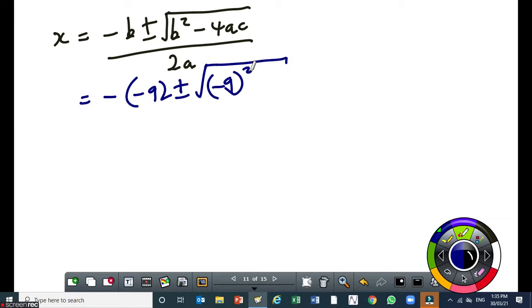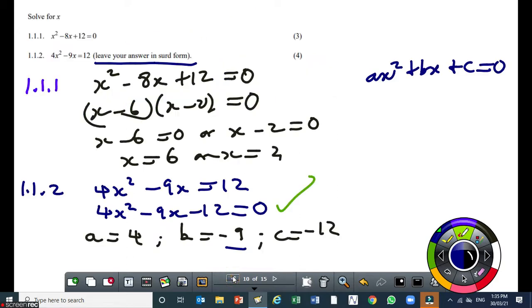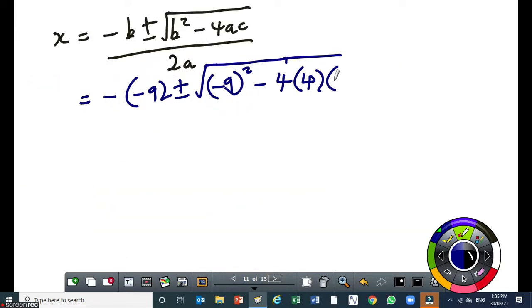Please don't forget to put the value of b inside brackets if it's negative. If you forget to do that, you get an incorrect answer. So this will be minus 4 times a. My a is 4. My c is negative 12, so again, I have to put it inside the bracket. All over 2 times 4.